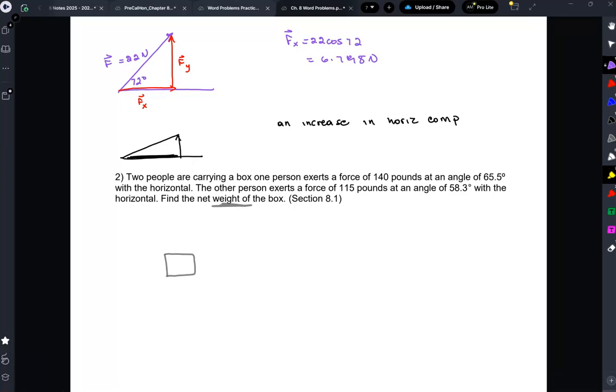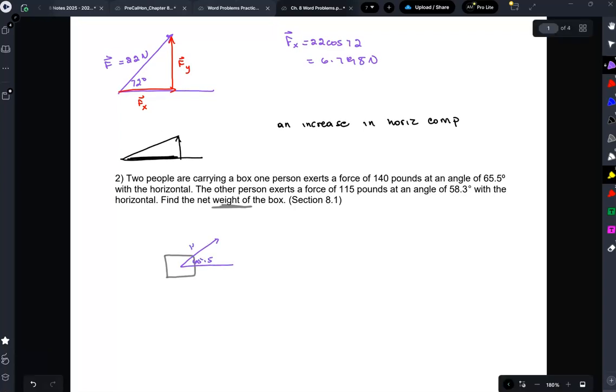So basically, here is one force. It's 140 pounds at an angle of 65.5. Now for the other one, I can draw it in the same direction. It really doesn't matter what direction I draw it, because the other one has an angle of 58.3. So I can draw it here.